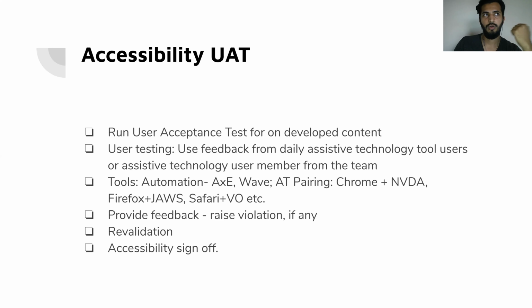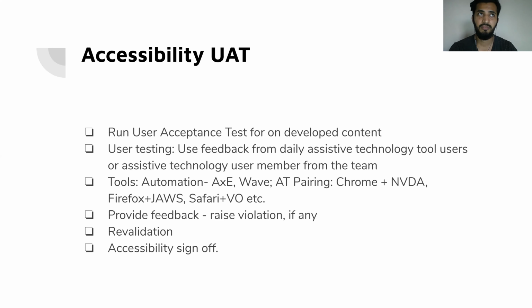Now, ideally, what we always preach is making sure a product does not go to production if it has any critical or high level accessibility violations. Why? One, your user with assistive technology will not be able to use it.